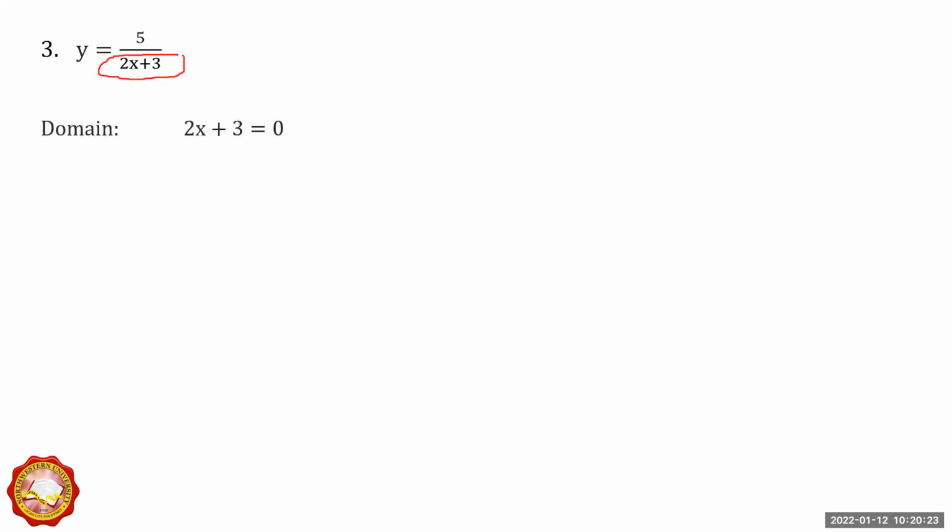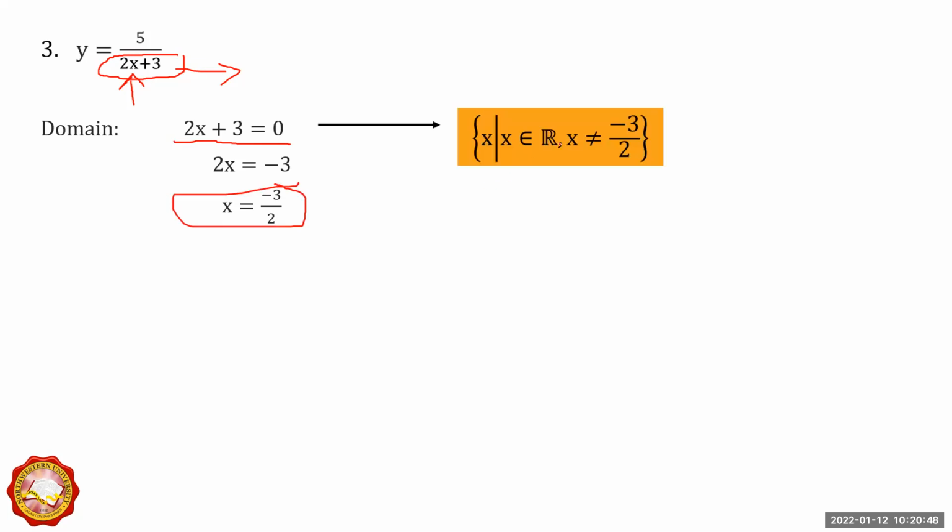Ang una mong gagawin is think of any value of x na kung saan pag nilagay mo yung x dito or pag sinubstitute mo dito, magiging 0 ang ating function or magiging 0 ang ating denominator. Now, what you could do is to equate your denominator to 0 and then find x. Yung makukuha mong x, yan yung restriction mo. Dapat it should not be equal to your value of x.